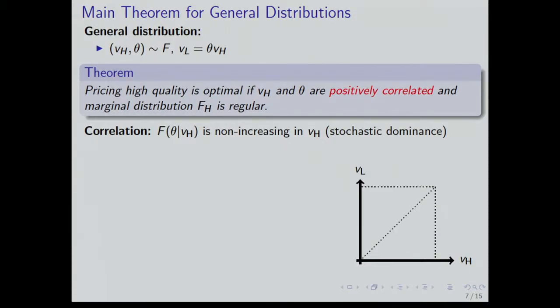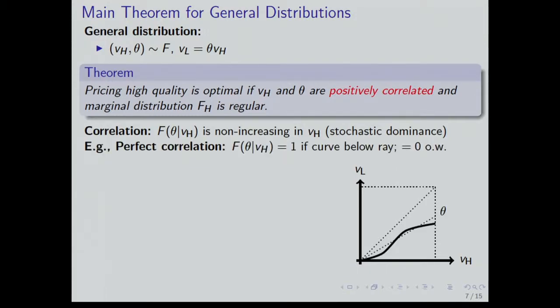Let's see what it says for our perfectly correlated instance that I described first. So if I have a perfectly correlated instance, meaning that I have a curve, I know very simply what this conditional distribution is. If my curve is below the ray identified by theta, I know that theta is going to be less than this given threshold. So F of theta given VH is 1 if the curve is below the ray, and 0 if the curve is above the ray.